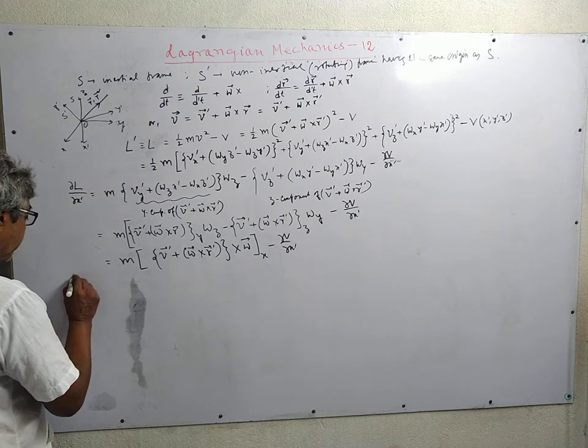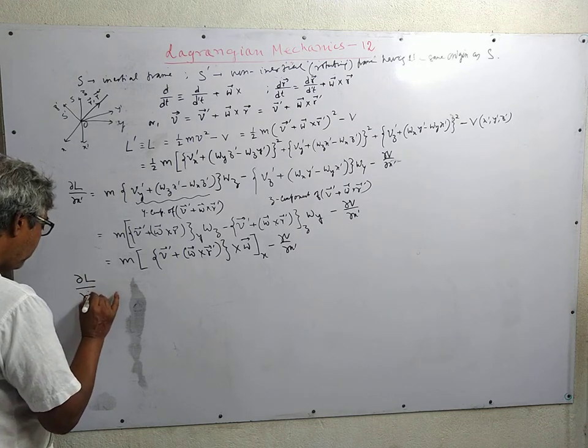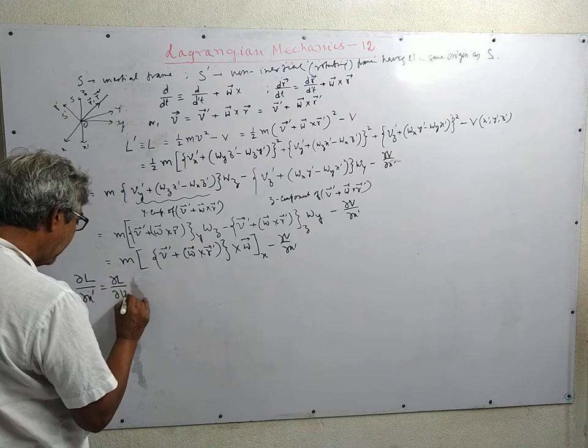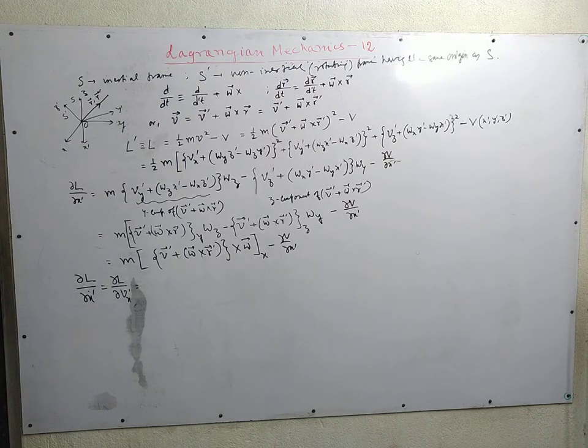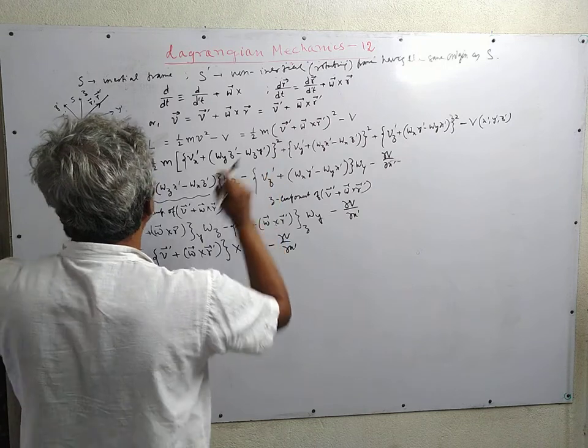Similarly, if you calculate del L del x prime dot, that is del L del Vx prime, the Vx prime contribution is already there in this term.